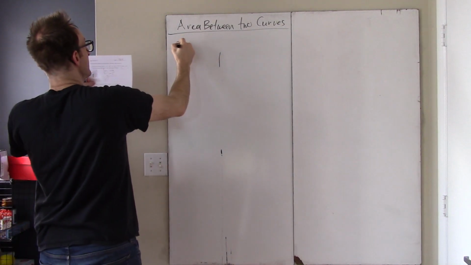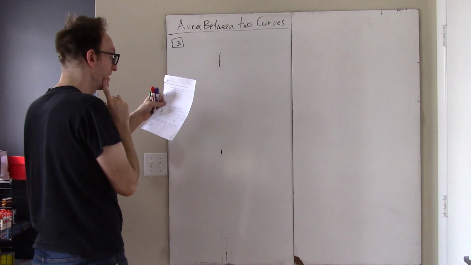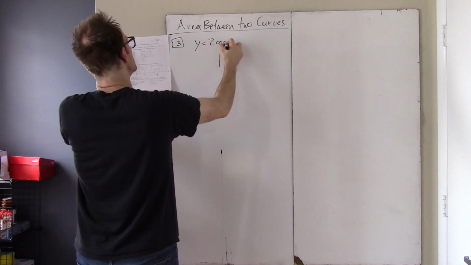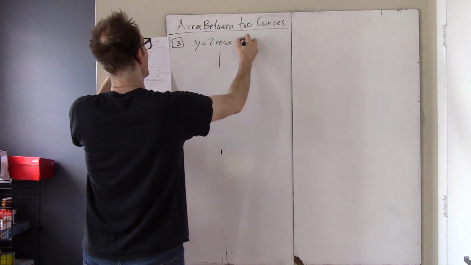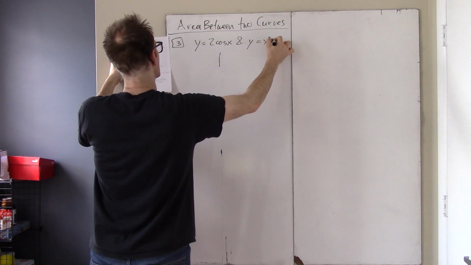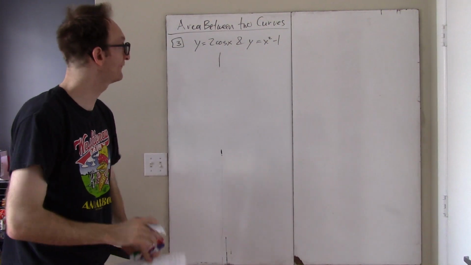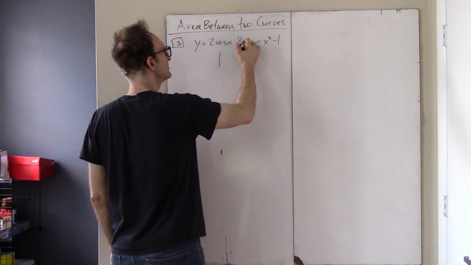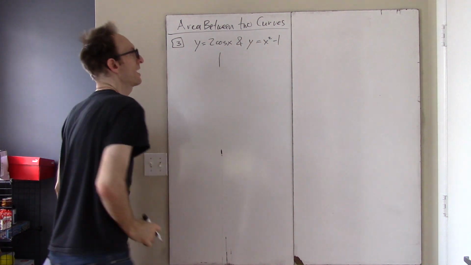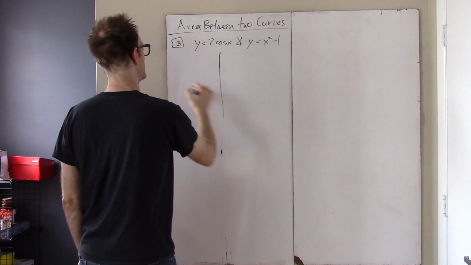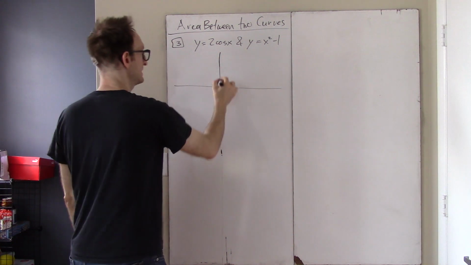It says, find the area of the region enclosed by the graphs of y equals 2 cosine x and y equals x squared minus 1. Okay, so far, this does not appear to be any different from any of the other problems we've done. In fact, I'll just go and graph this right now.